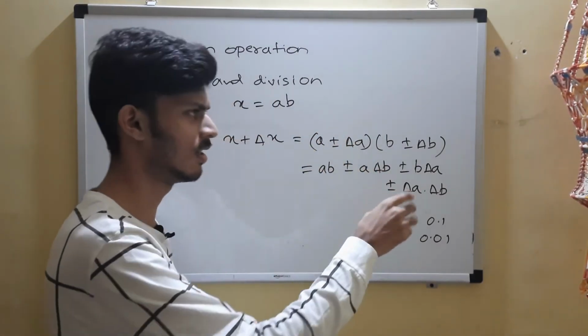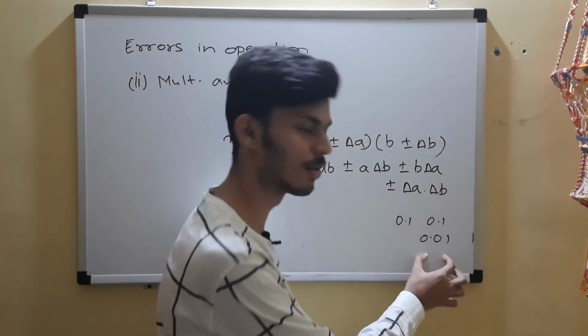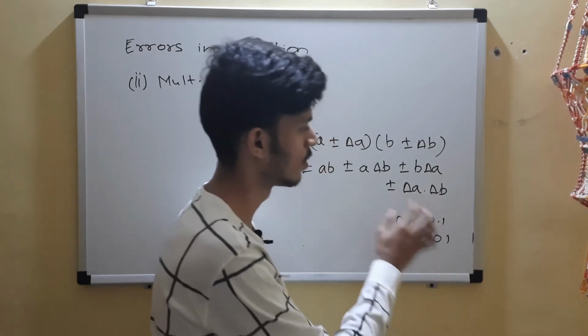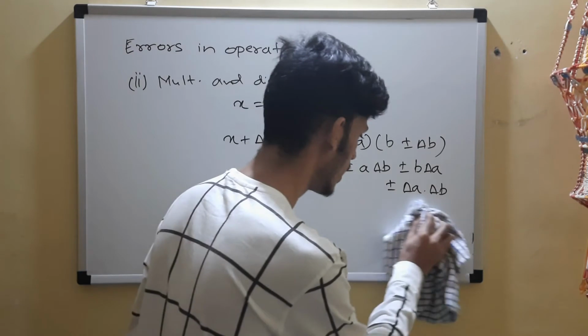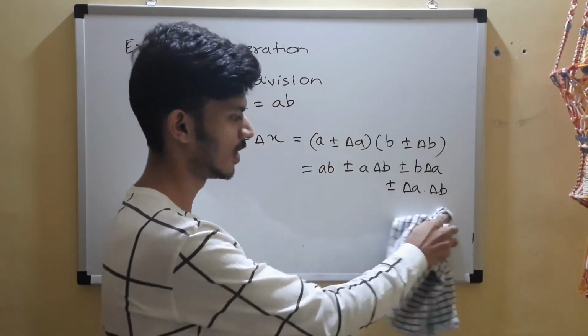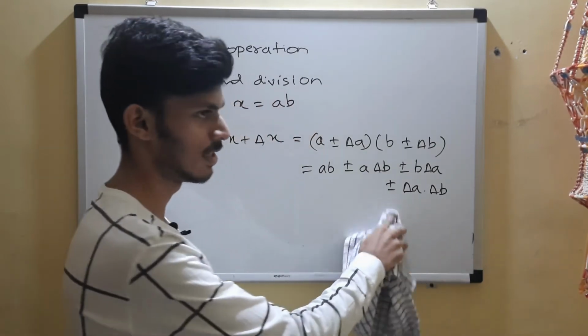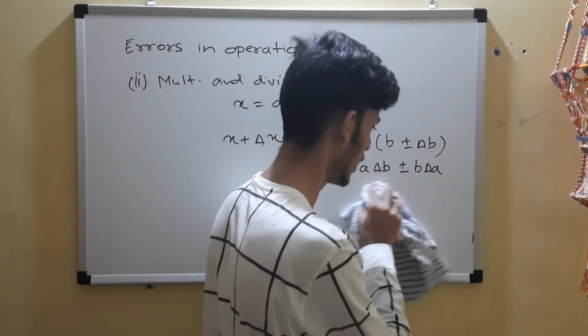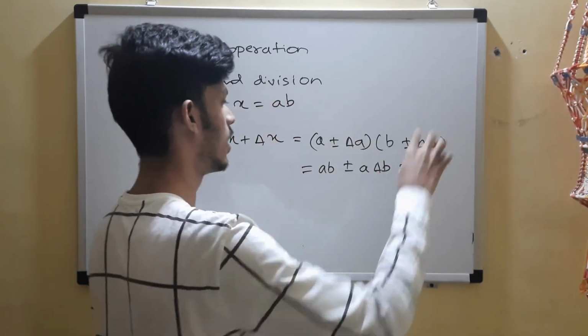These are in practice very small values, so when you multiply two of them, it gets even smaller. So we can neglect that. We are neglecting the smallest term, which is delta a into delta b.